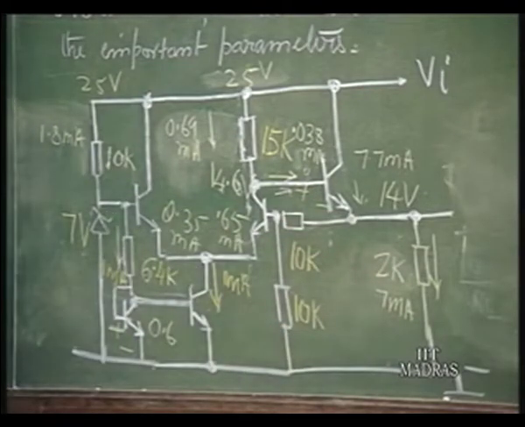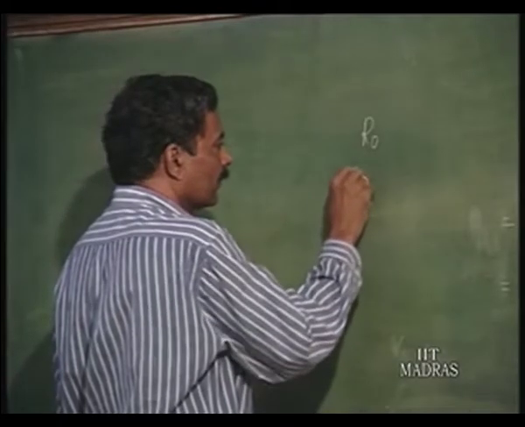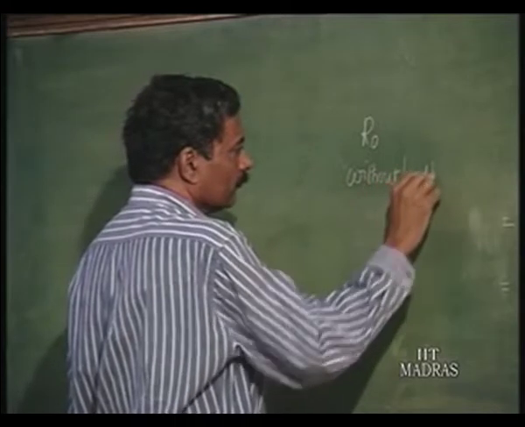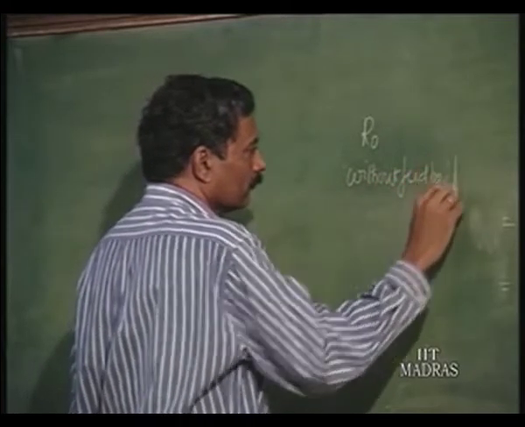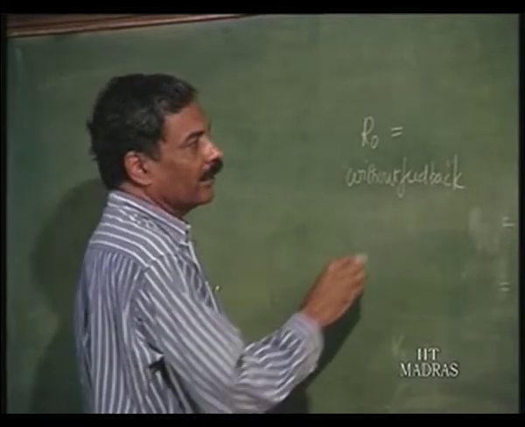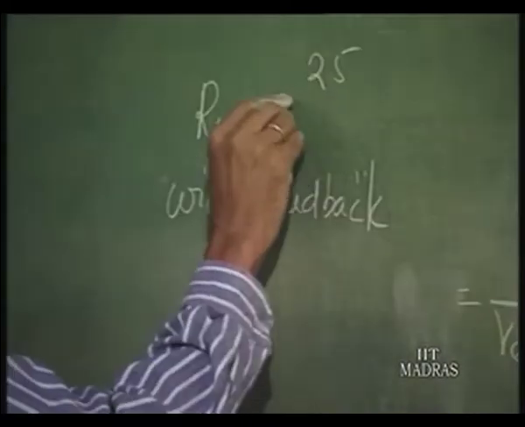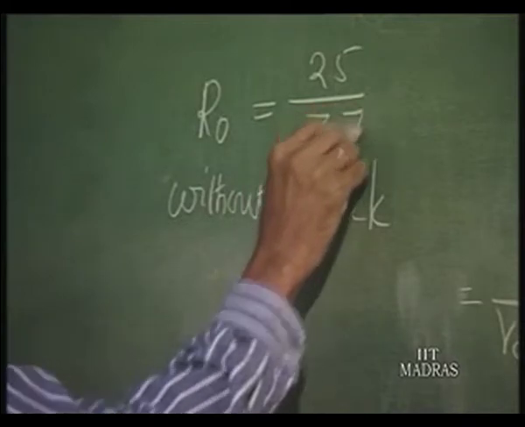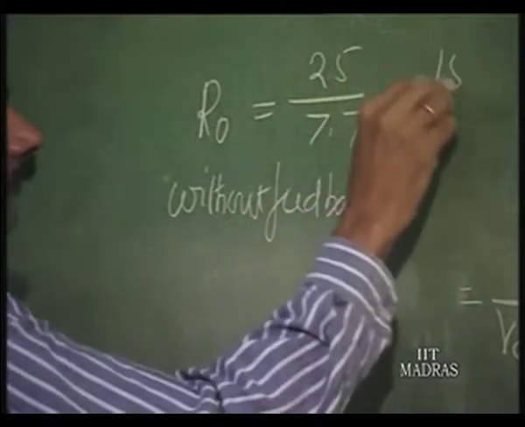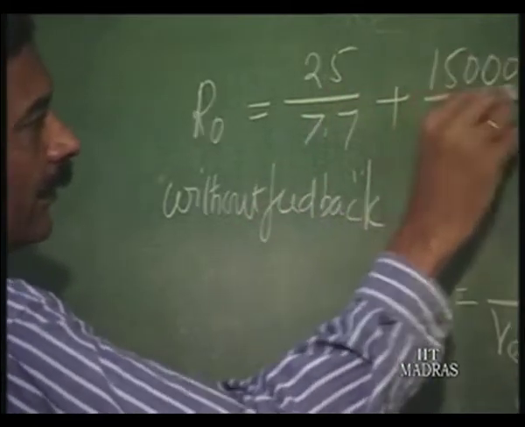So, essentially the original output impedance without feedback is going to be RE. RE is 25 by 7.7 ohms, plus 15K divided by 200.